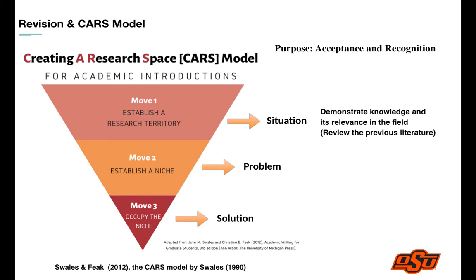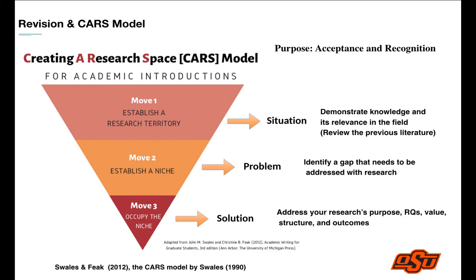For the second move, you identify a gap that needs to be addressed with research. For the last move, you address your research. You might want to address your research purpose, list some research questions, state the value or the structure, or even some main findings. So these are all the moves of the creating a research space model.